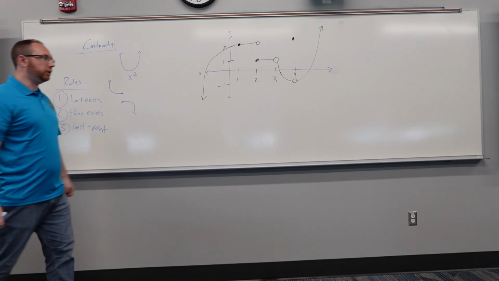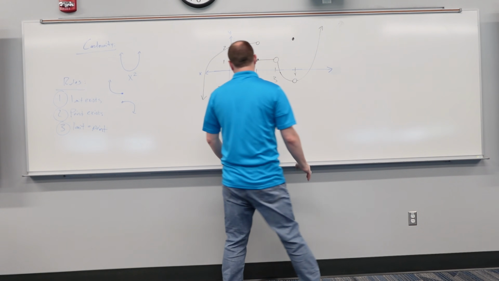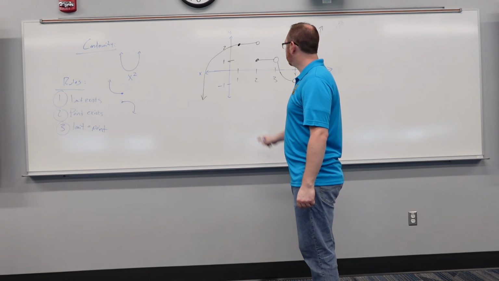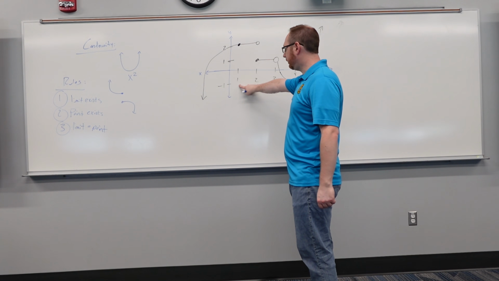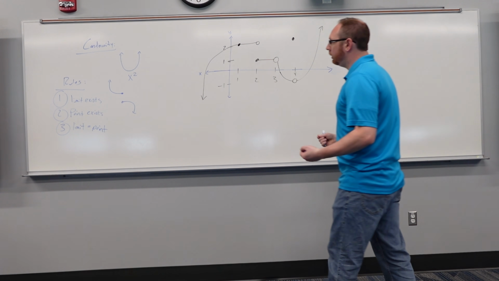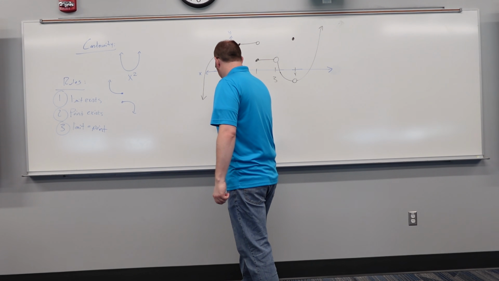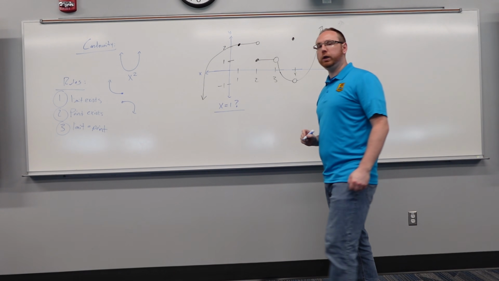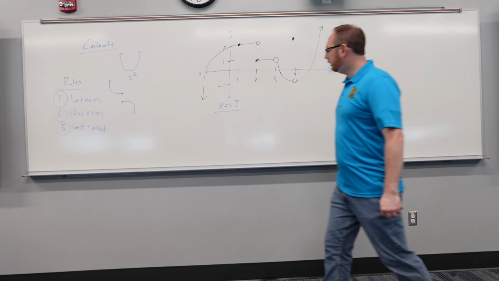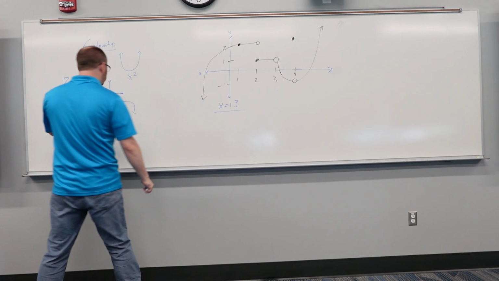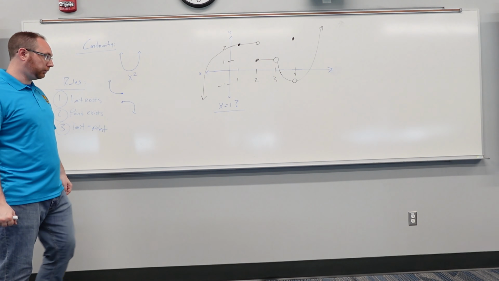So why don't we go ahead and look at this funky graph over here to check for continuity. Let's just go across. Here, at x equals 1, let's say we want to know, is this function continuous when x is equal to 1? So we need to check all three. Just be careful: for limits, you need the left and the right to match for the limit to exist.